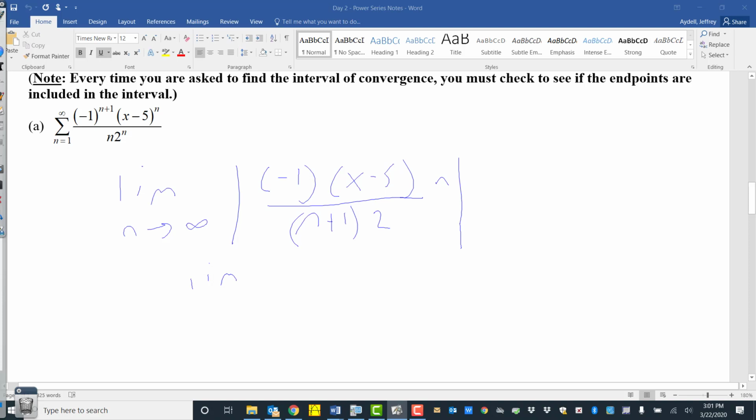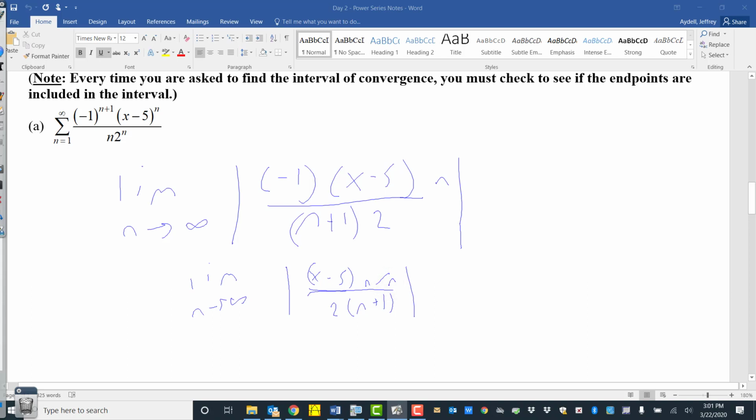So we're left with the limit as n goes to infinity of just the absolute value of x minus 5 times n over 2 times n plus 1. Okay? And now we do our limit here. Now it looks pretty ugly, but even if you can't see this as a horizontal asymptote, or you don't really want to take the derivative of it, what we can do is divide everything by n.